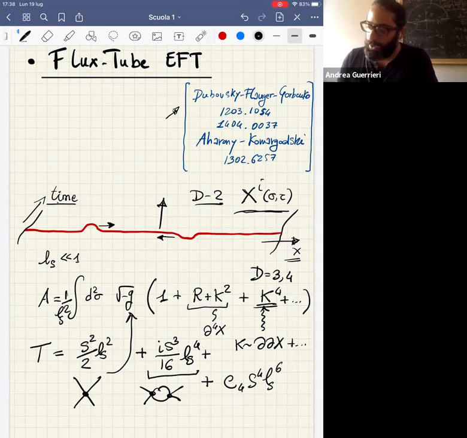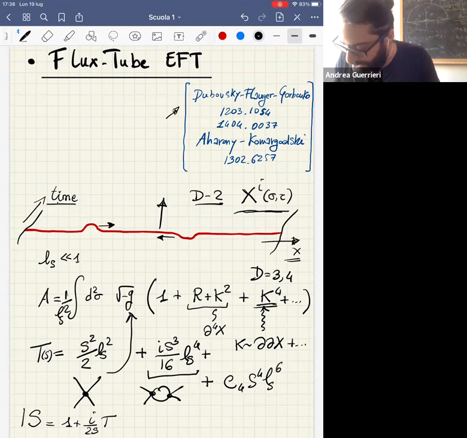So this is the amplitude that we are going to consider. And again, when I talk about amplitude, I remind you that in 2 dimensions, the S matrix is simply related to the amplitude by this relation, i over 2s times t. I will interchange between S matrix and amplitude.